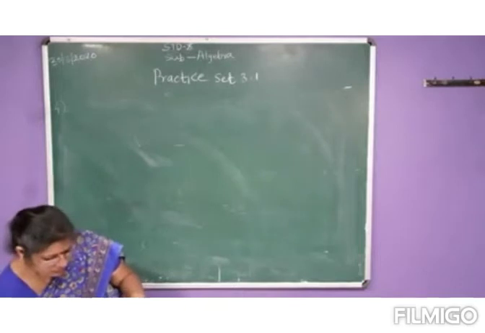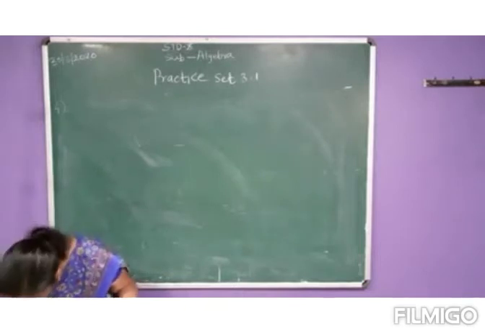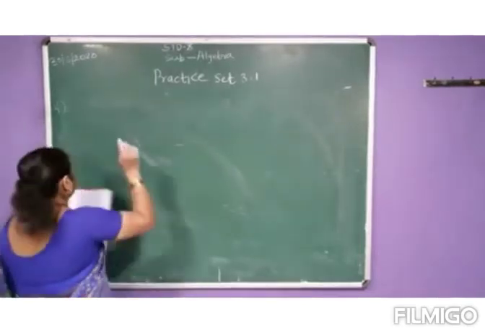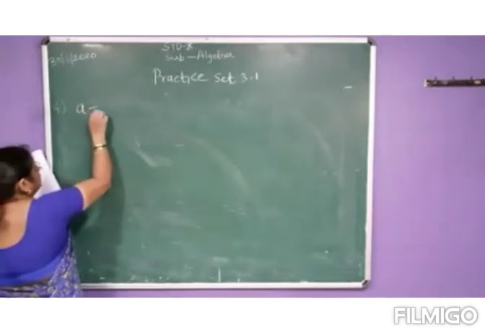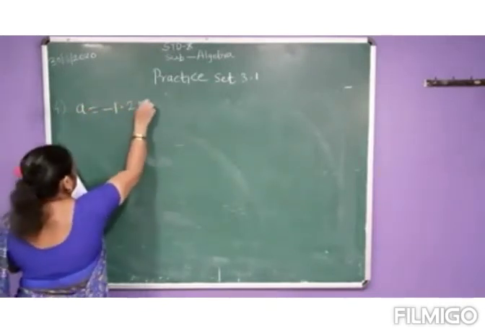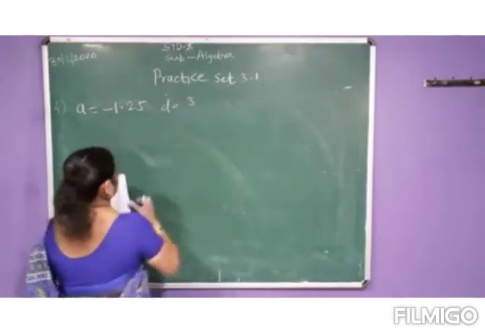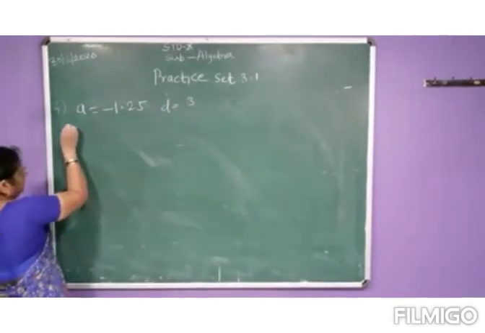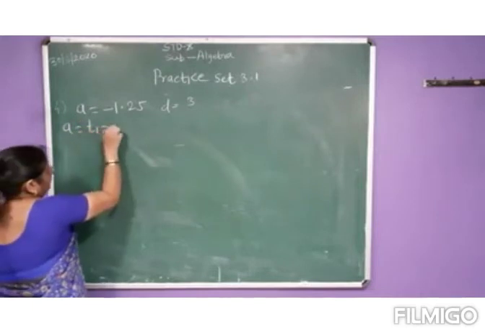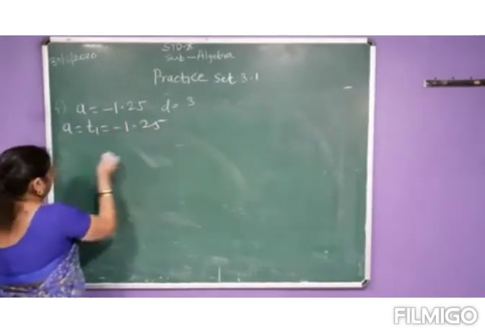A is equal to minus 1.25, and D value is 3. Now see here, T1 is minus 1.25.